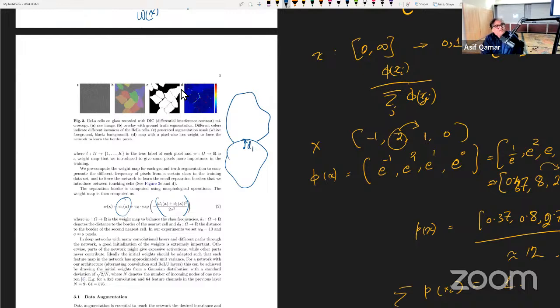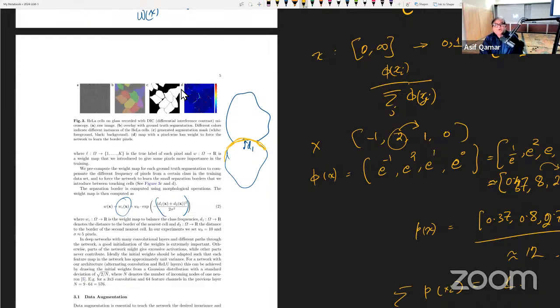Would you agree that the closer you are to the boundary, the more important it is to get that point right? And the further you are from the boundary, it's okay. Even if you get it wrong, doesn't matter. Because what are you trying to do in the masking process? You're trying to make this yellow line right, isn't it?